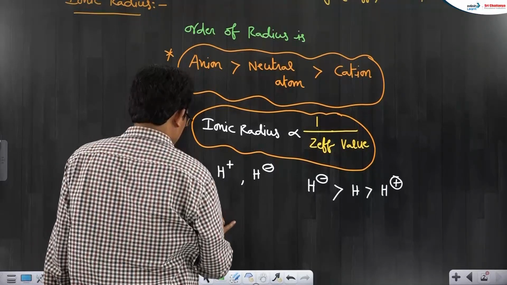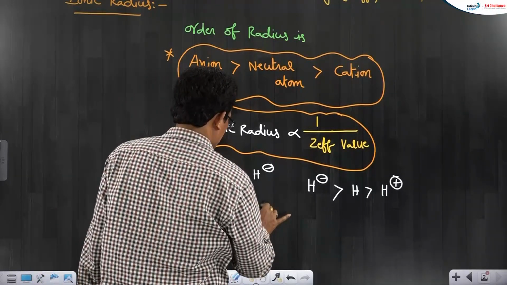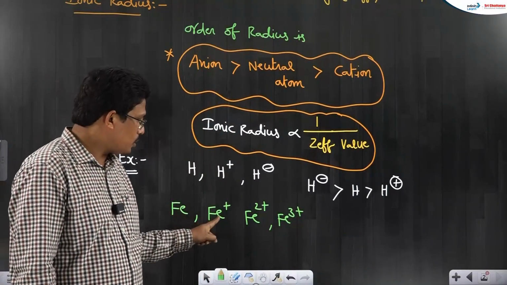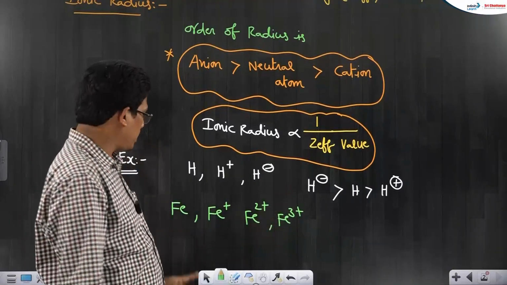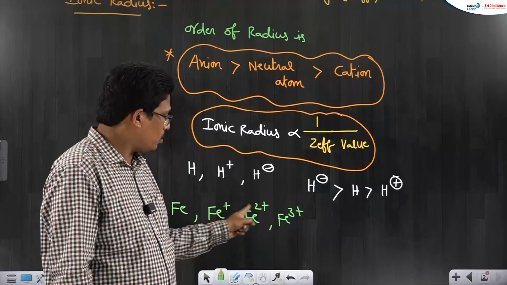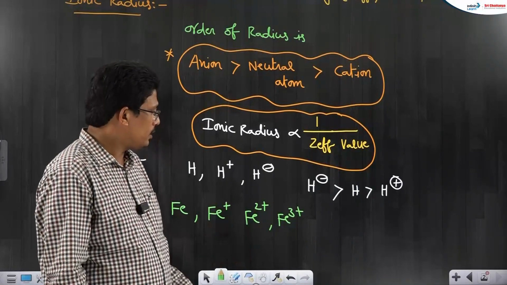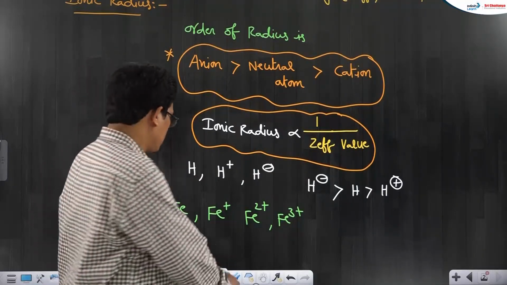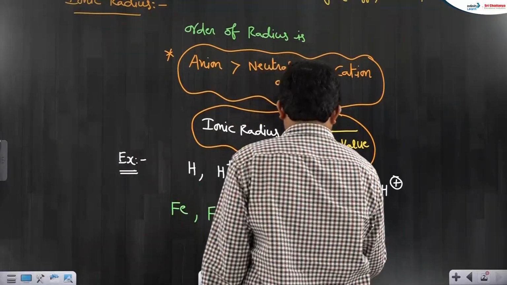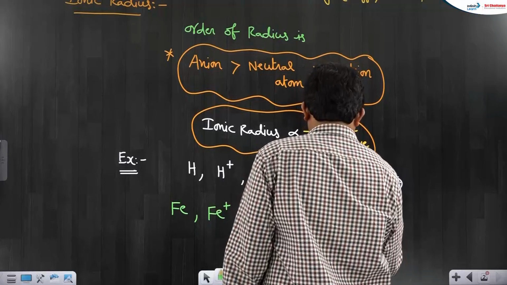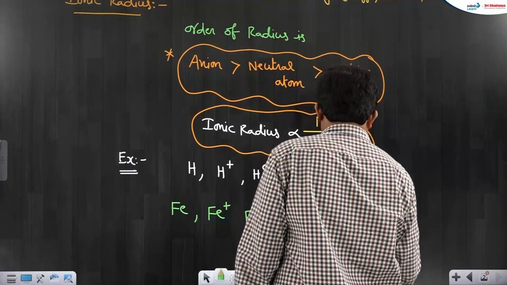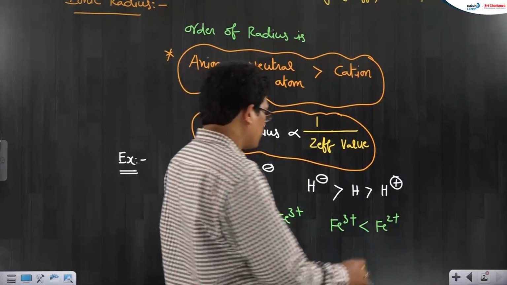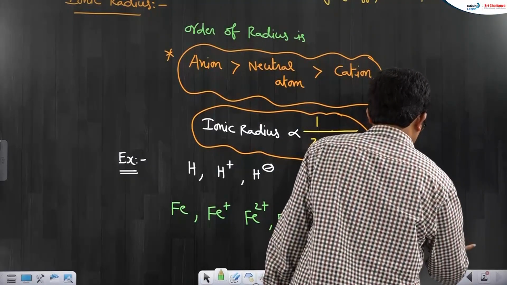One more example: neutral atom, unipositive ion, dipositive ion and tripositive ion. All are cations. As the magnitude of positive charge increases, effective nuclear charge increases. That's why radii decreases. So Fe3 plus has less radii compared with Fe2 plus, less than Fe plus, less than Fe.